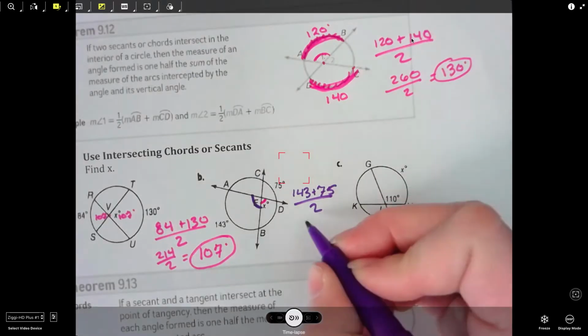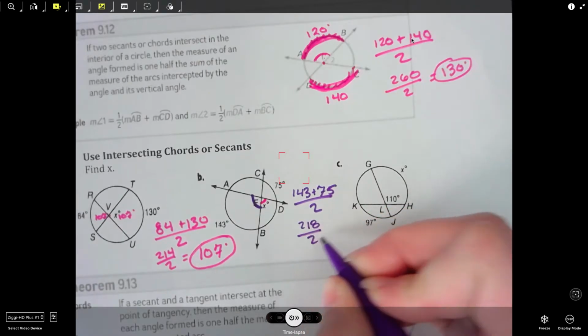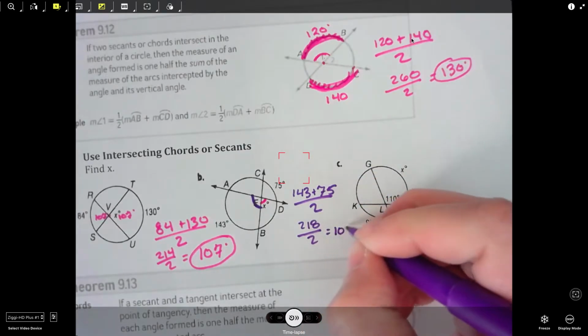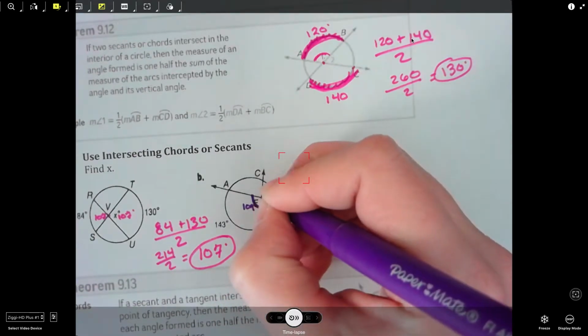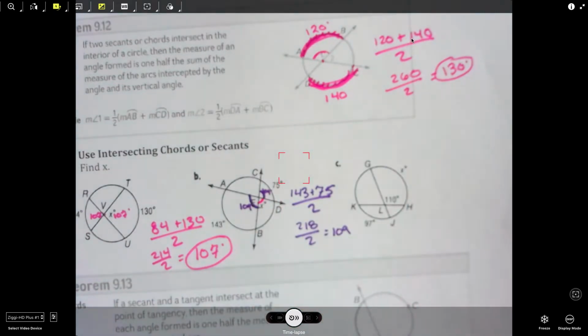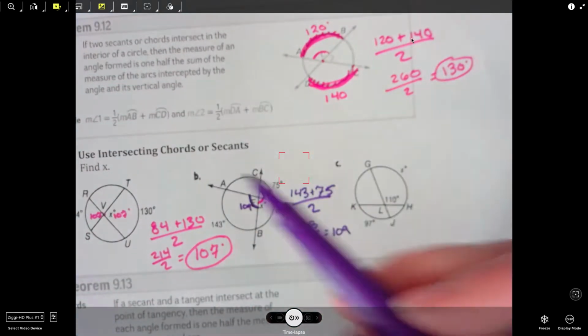So that is 218 divided by 2, or 109. So this angle right here is 109 degrees, and the same thing over here. This is 109 right here also. So those two right across from each other are 109.